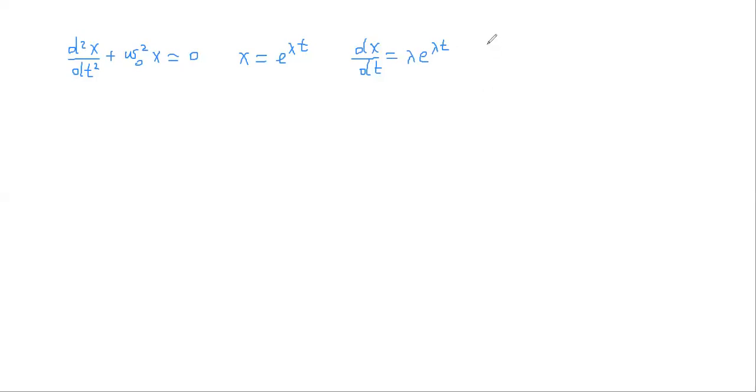And what about the second derivative? The second derivative is lambda squared e to the power of lambda t.